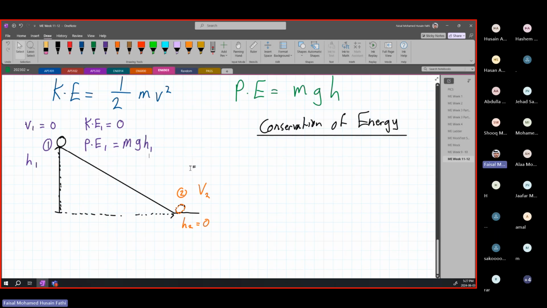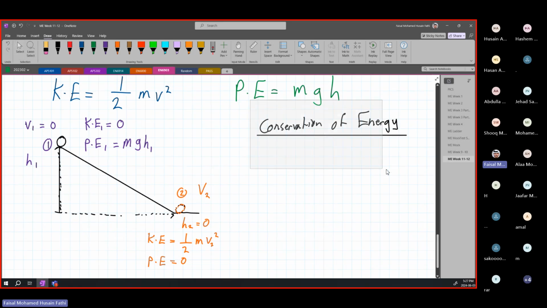So we have a specific type of potential energy. Let's look at phase 2. In phase 2, our kinetic energy has a value because we know we have a velocity. So it's going to be half mv2 squared. But our potential energy is equal to 0. Why? Because we no longer have any height over here. We are at the ground level.